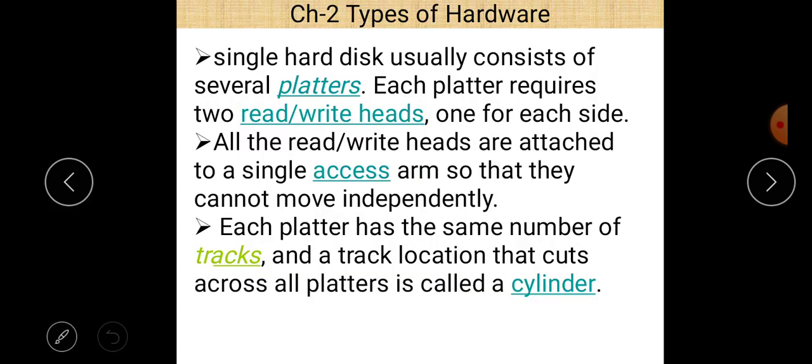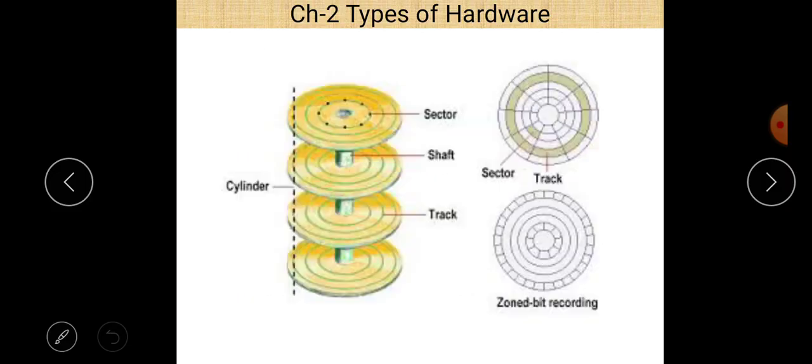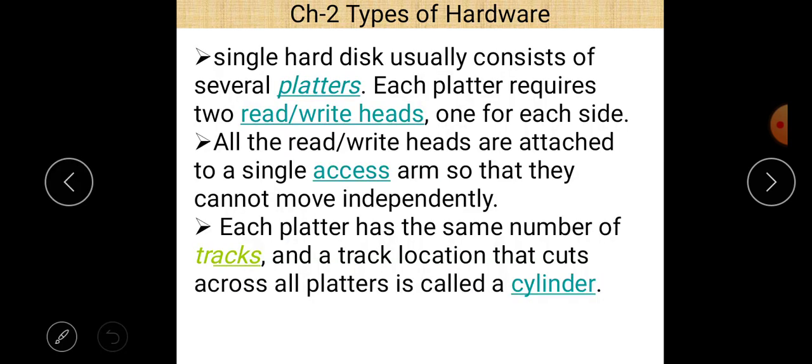one for each side. And all the read write heads are attached to a single access arm, so they cannot move independently. Each platter has the same number of tracks, and the track location that cuts across all platters is called a cylinder.